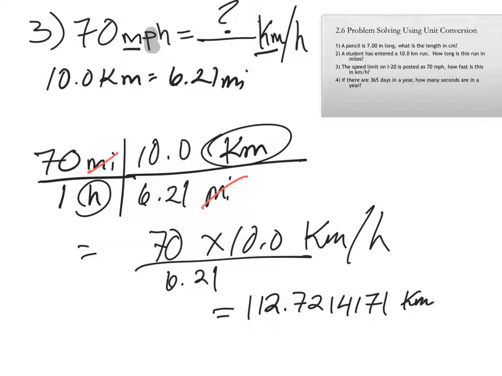112.7214171 kilometers per hour. Now I'll put a side note here: if you don't use the 6.21, because that number I got is rounded from the previous example, and instead use the more precise value, you end up with a different number, 112.65408 kilometers per hour.